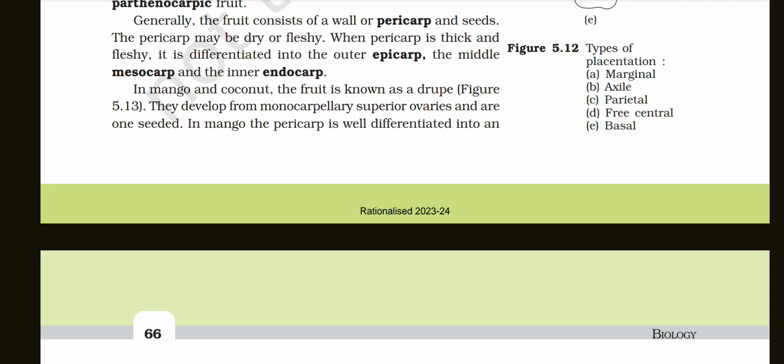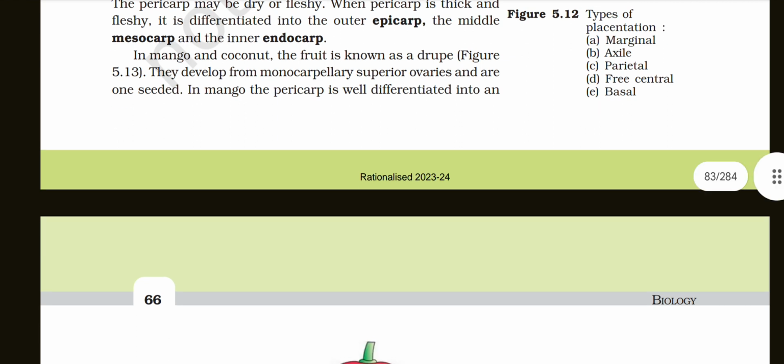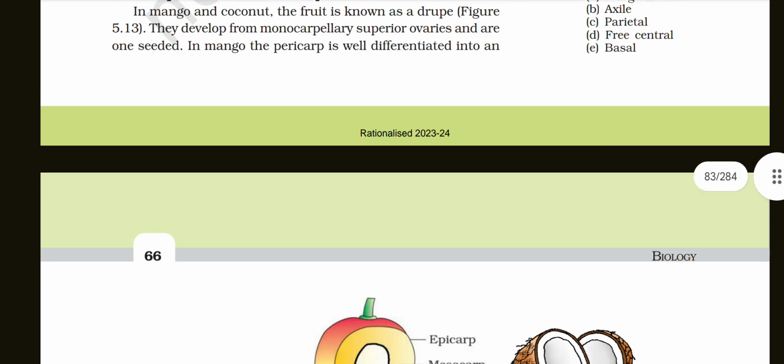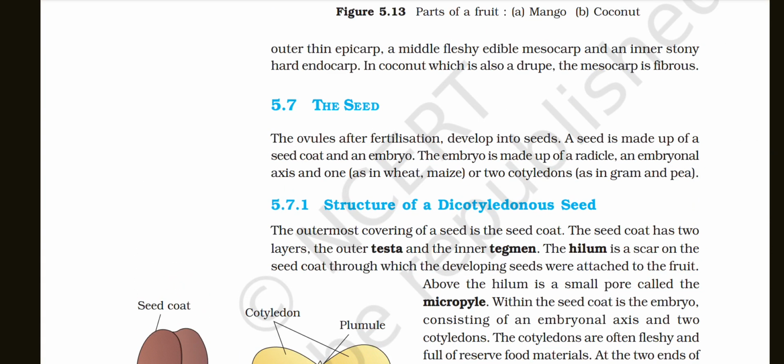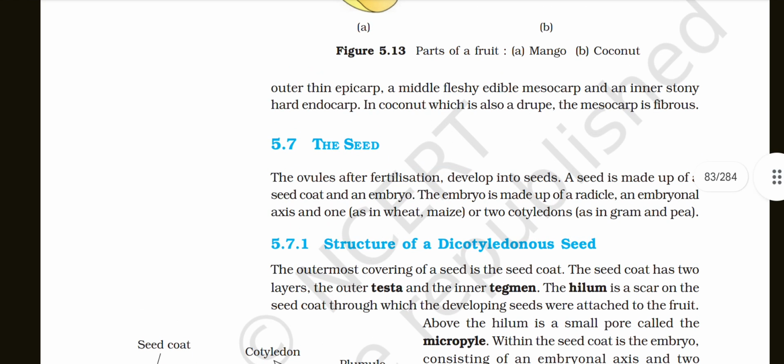They develop from monocarpellary superior ovaries and are one seeded. In mango, the pericarp is well differentiated into an outer thin epicarp, the middle fleshy edible mesocarp, and the inner stony hard endocarp. In coconut, which is also a drupe, the mesocarp is fibrous.